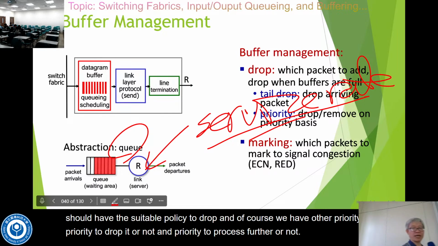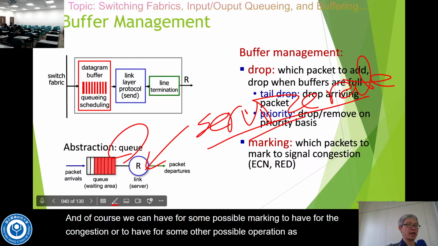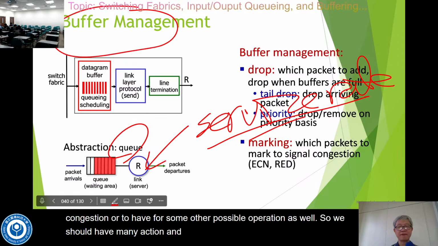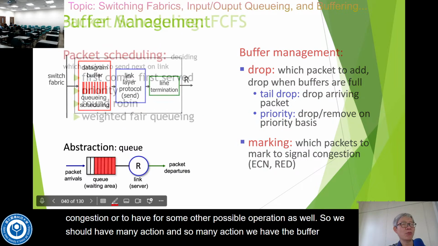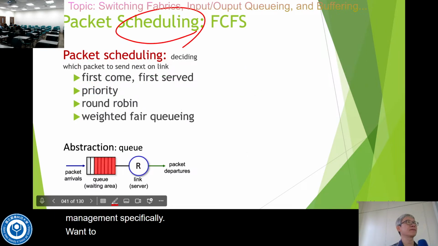We can also have some marking to indicate congestion, or some other possible operations. So we have many actions, and that is buffer management. Specifically, we want to discuss scheduling.